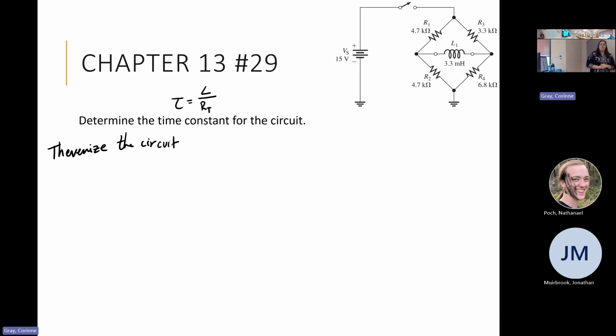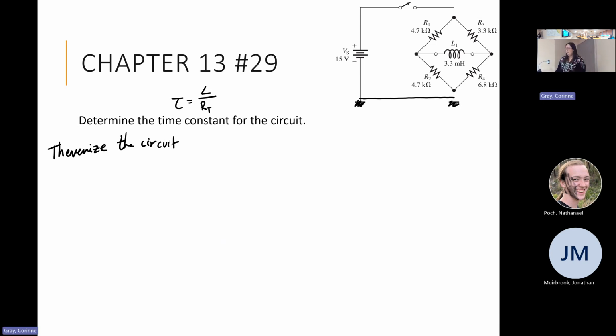So if we think back to what we were doing with Thevenin's theorem, let's complete our circuit to make it a little bit easier. We did actually do the Wheatstone Bridge previously.